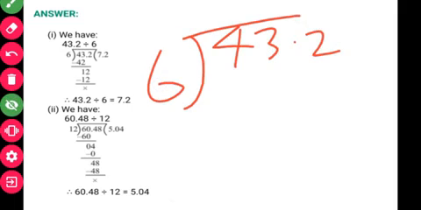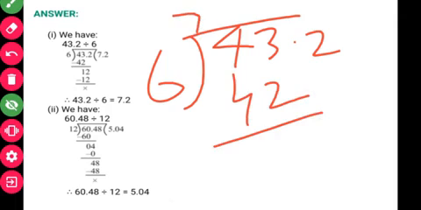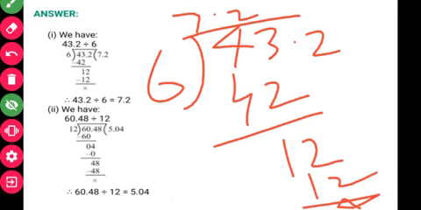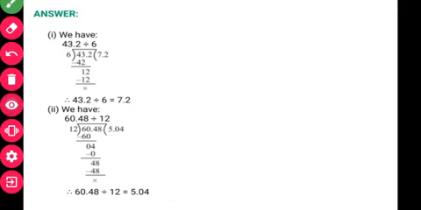So you'll get 6 sevens are 42. So here it will be 1. Now put the decimal here and then take 2. So 6 twos are 12. Okay, so answer will be 7.2. So this is simple division. You can do the remaining part. Now come to next question.